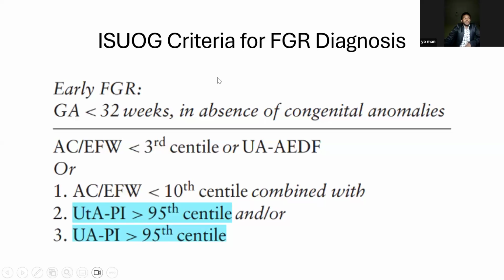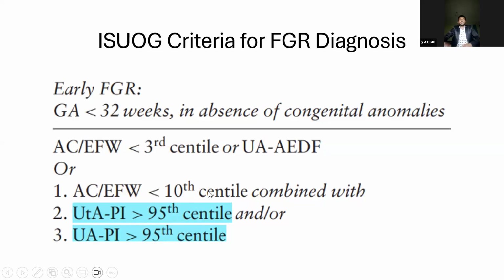Or if AC or estimated fetal weight less than third percentile combined with uterine artery PI greater than 95 centile and or umbilical artery PI greater than 95 centile, you may call it an FGR fetus. Okay, so when you do ultrasound or estimated fetal weight, you may find the size to be less than 10 centile.